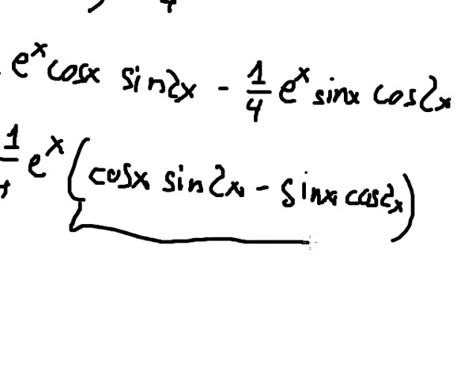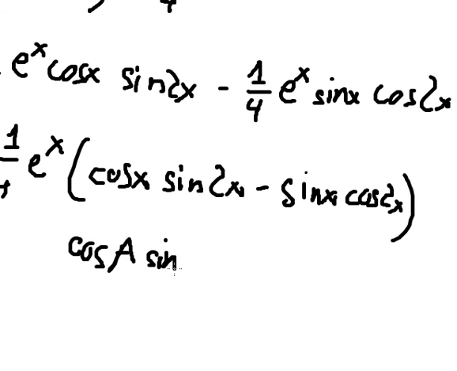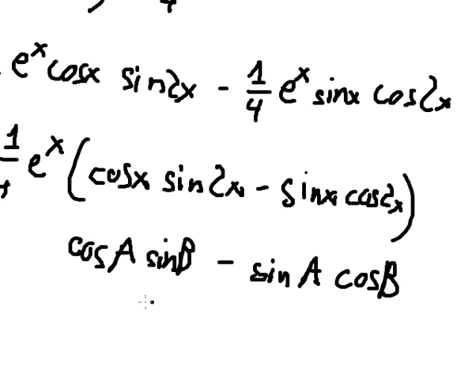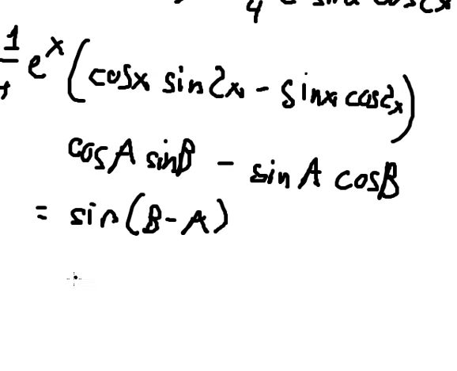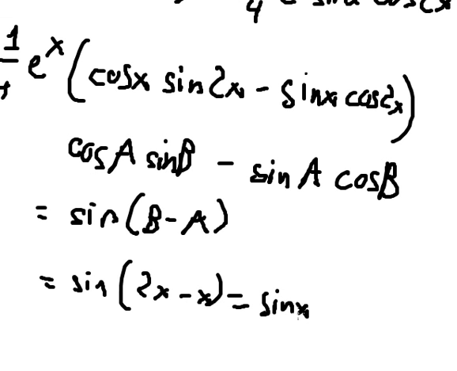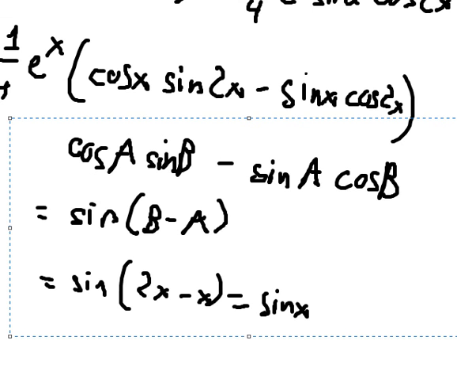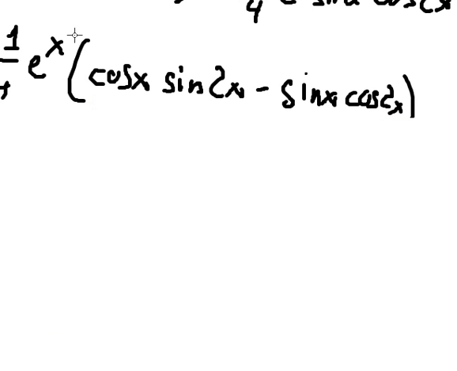If we look carefully, this one is cosine A sin B minus sin A cosine B, and this one should be sin of B minus A. So that is sin of 2s minus s, and we have sin s. So in this case we can simplify, and that is sin s.